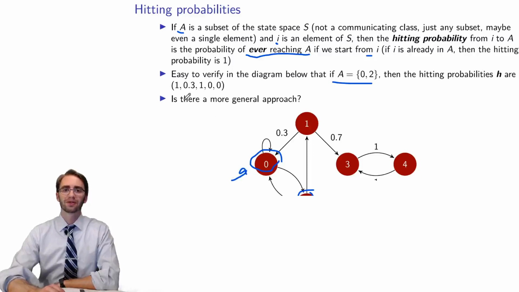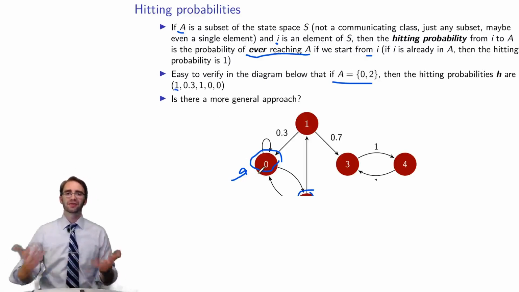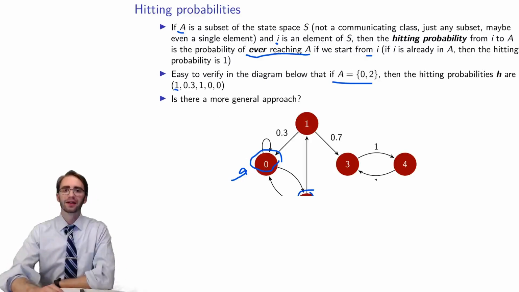So what is true? Well, if I'm in state 0, then of course the probability is 1. If I'm in state 0, then the probability that I'll ever land in state 0 or 2 is of course 1, because you're there. Equivalently for state 2, the probability is also 1.